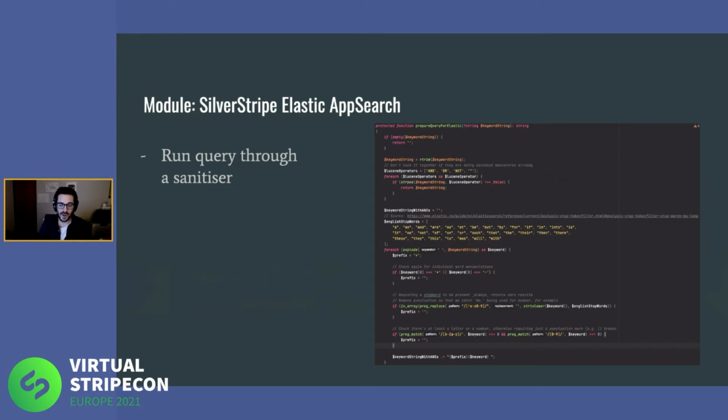Additionally, the client wanted to do an AND search rather than an OR search. So the more words you put in, the less results you should get, not the more results you should get, which is why I'm adding these prefixes, the plus and the minus prefixes. Because it behaves like a standard Lucene search, if you do plus the word, then it must include that word. And so I ended up manipulating these strings to must include every word that they added in order to make more words reduce the results rather than increase.